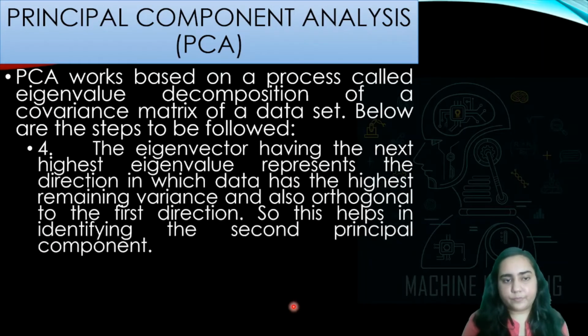And the fourth step is that the eigenvector having the next highest eigenvalue would be representing the direction in which data has the highest remaining variance and is also orthogonal to the first direction. So this would help you to identify the second principal component. So notice that the eigenvector which has the second highest value will lead you to the next principal component, which will be completely orthogonal to the first one, which means it will have no similarity with the first principal component.